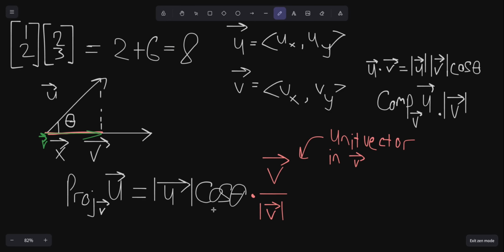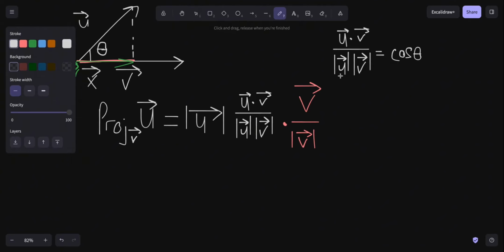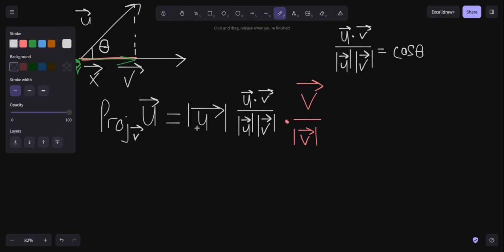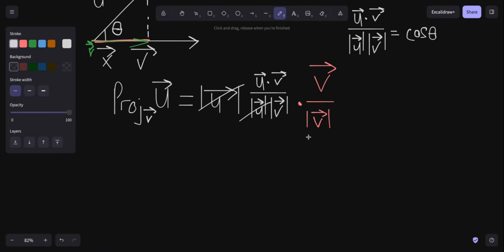Notice how we have a cosine of theta in this term. Well, we can isolate cosine of theta in the dot product formula, and let's substitute everything in. After I isolated cosine of theta, I just divided both sides by the magnitude of u and v. Notice how in my projection formula, the magnitude of u cancels out because that's just a scalar quantity. The magnitude of v times the magnitude of v is just going to be the magnitude of v squared.